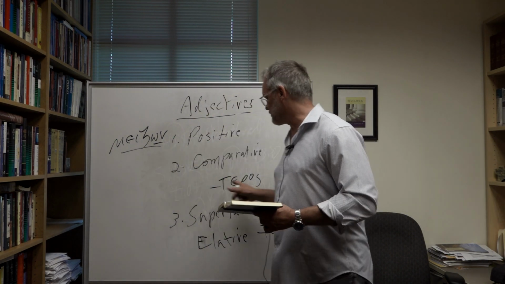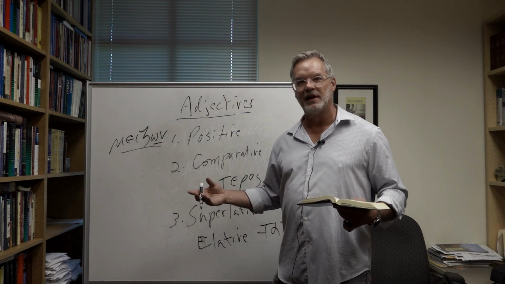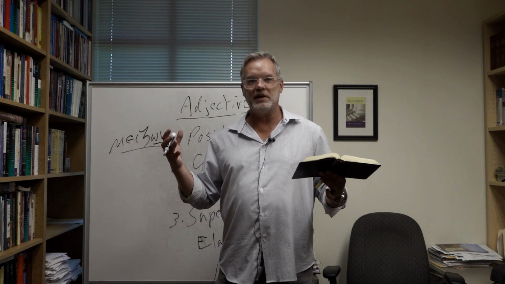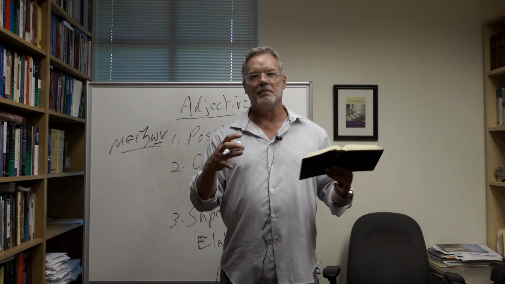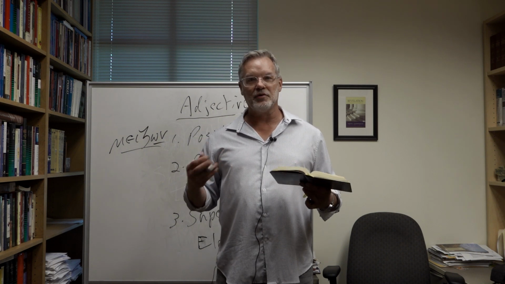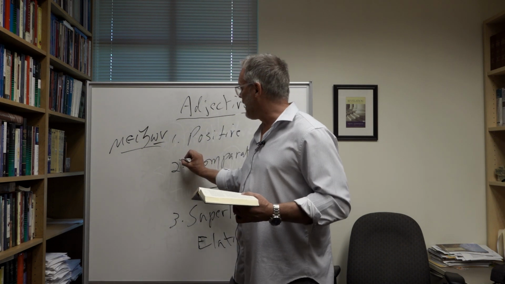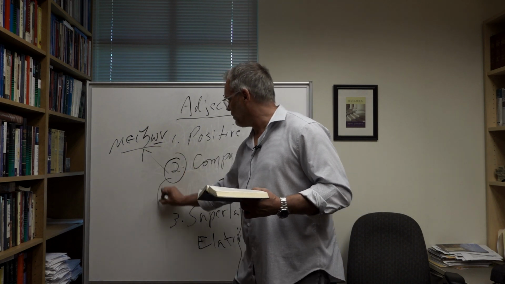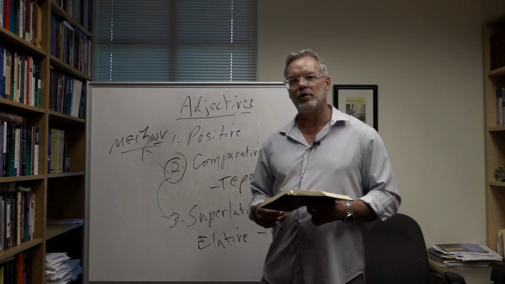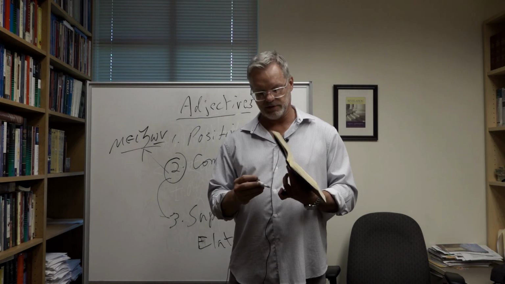It's one of those adjectives that doesn't take teros, but it has its own form. Meizon means greater. It's comparative. It's used to compare two things. But here, Paul clearly is comparing three things. So here's an example of the comparative adjective used as a superlative to compare three things.